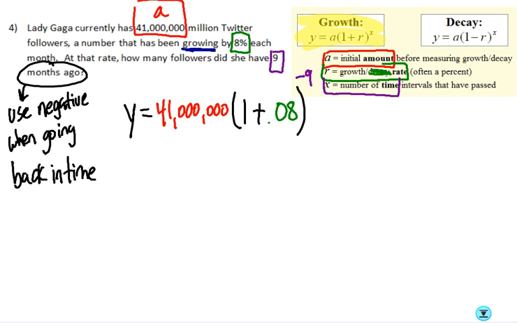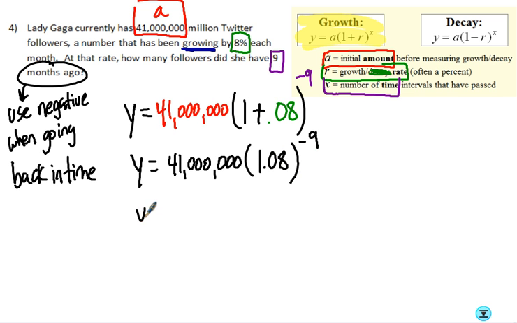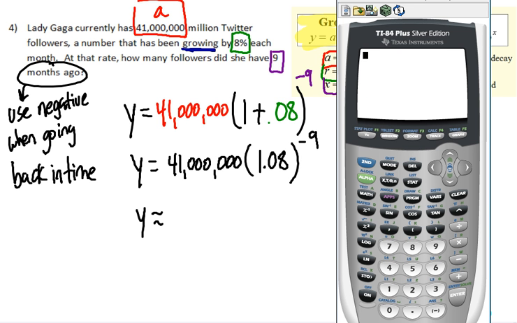Let me clean this up here real quick. So I've got y equals 41 million, and $1 plus 8 cents would be $1.08. And again, a negative exponent since we're going back in time. Let's throw this in the calculator and see what we come up with. We've got 41 million. Let's make sure we get all the zeros in there, 2 more.